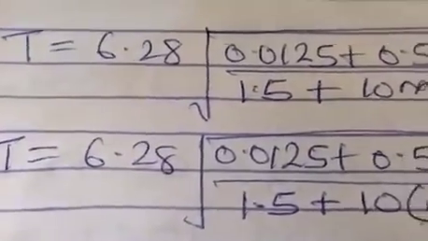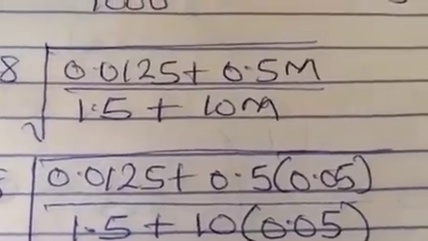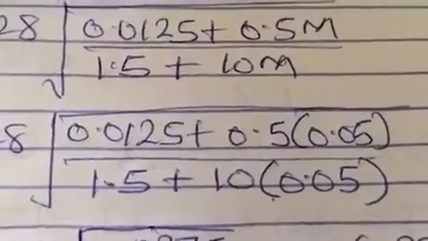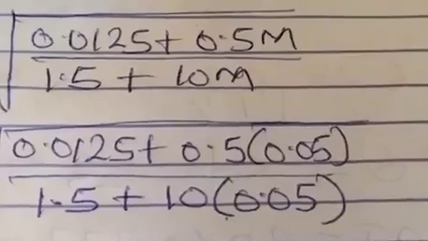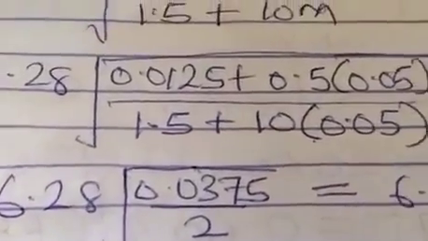Replace m now with 0.05. So you have T equal to 6.28 square root of (0.0125 plus 0.5 times 0.05) all over (1.5 plus 10 multiplying 0.05), where m is 0.05.